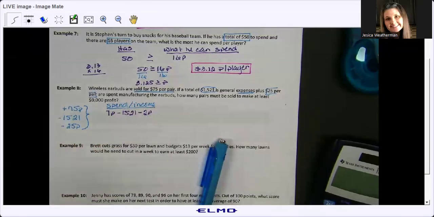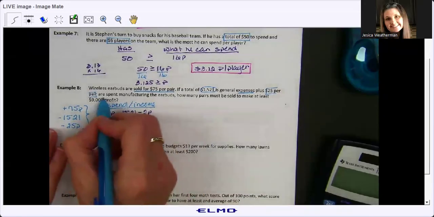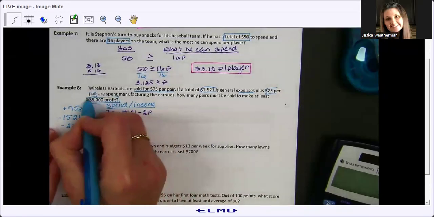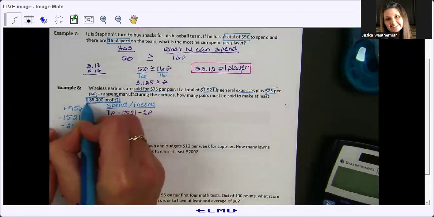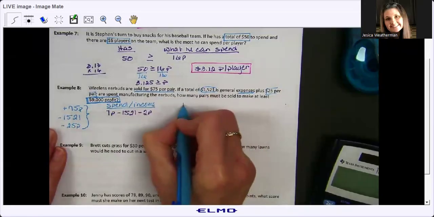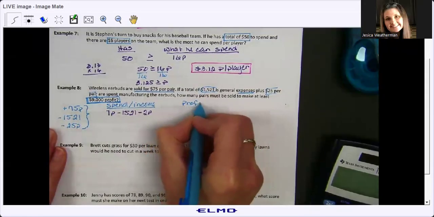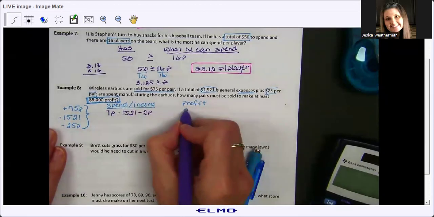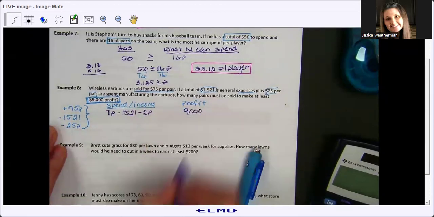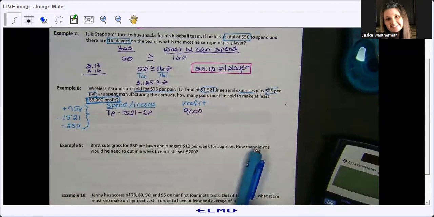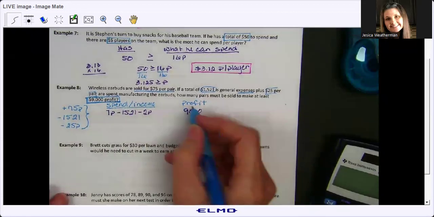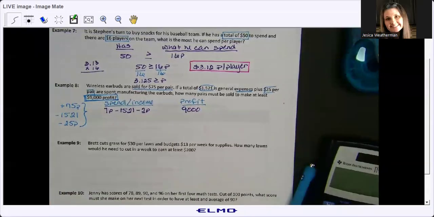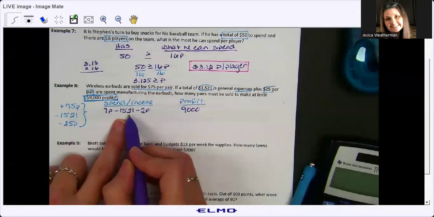But then we have the $9,000 profit. This is what they want. They want to make, which is our profit, at least 9,000. So then the question was, does this have to be more than, or can it be less than?